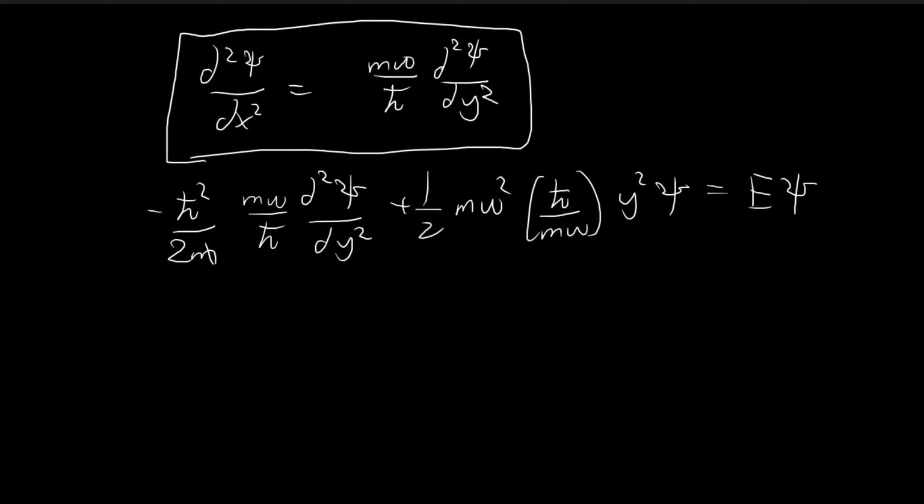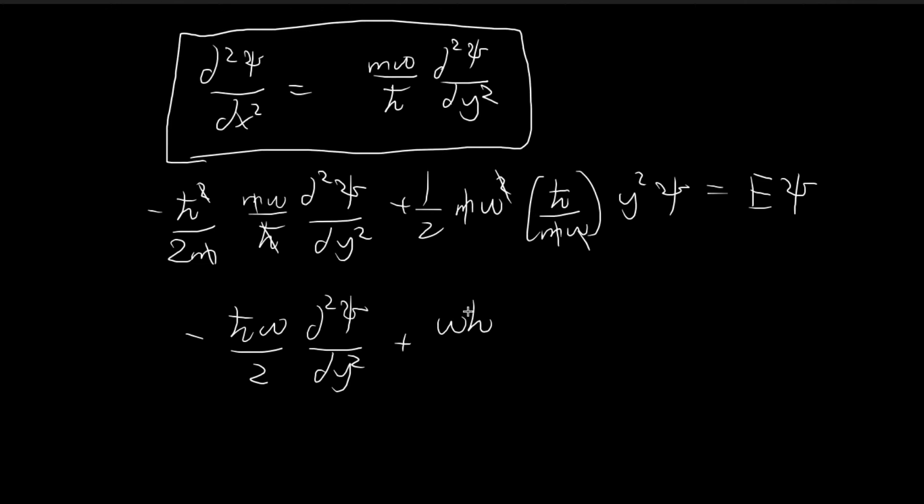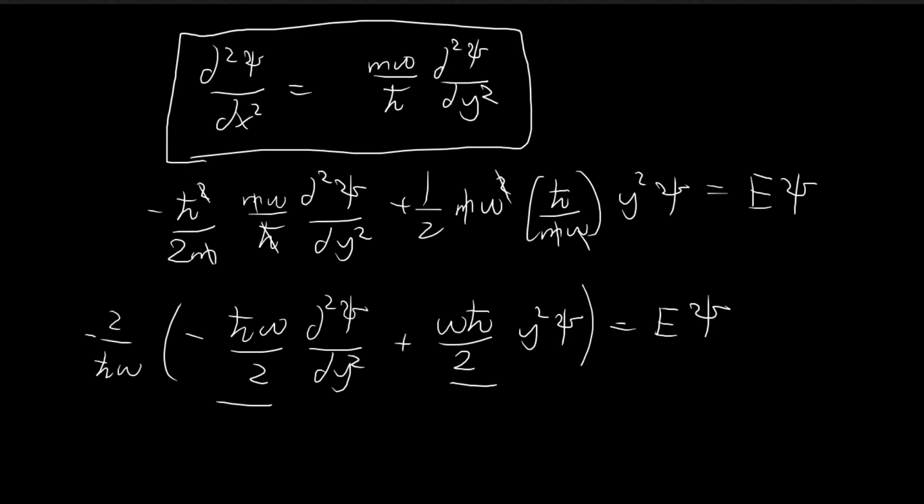Now all that's left is really just a bit of simple mathematics. We just need to arrange this into a nicer form. You see that these constants cancel out, which is always a good thing. You'll notice that these two constants here are actually the same, so we can bring them over to the other side to simplify this a bit more. Essentially I'm going to multiply both sides by negative 2 divided by h bar omega.